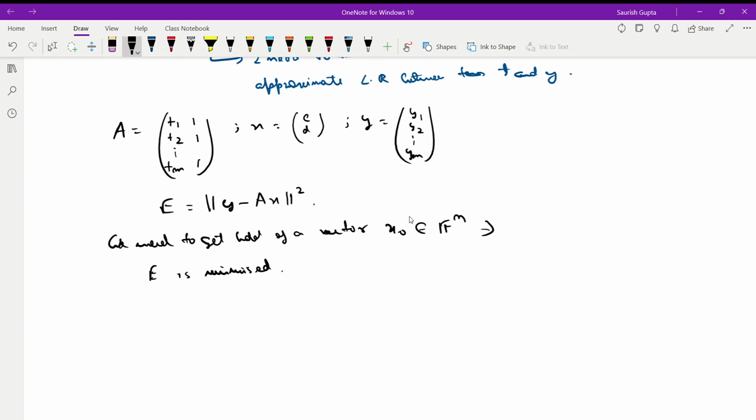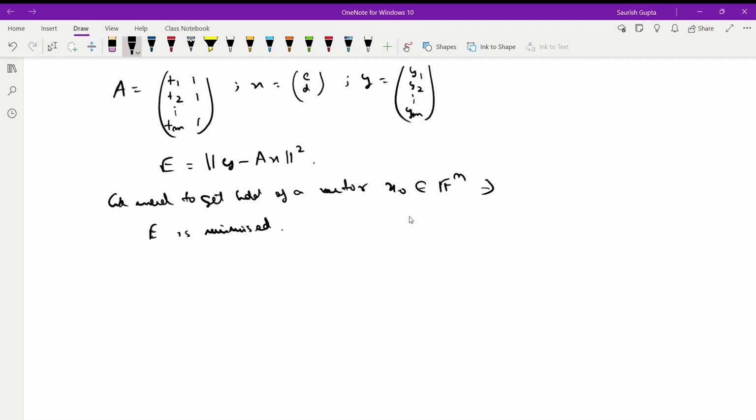So the obvious thing which we should do, I guess, is write it this way: this X naught should minimize E. So for that, I need to get hold of the norm of Y minus A X naught. This must be less than or equal to the norm of Y minus AX for all X in Fn. Yeah, that's the basic thing which we need to do, right?